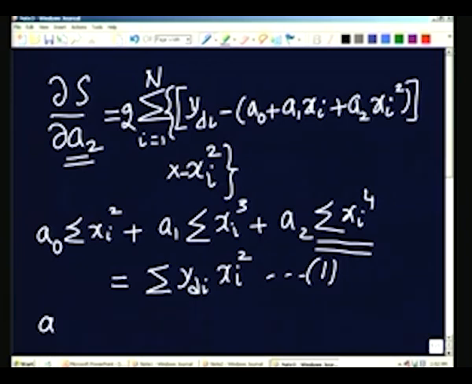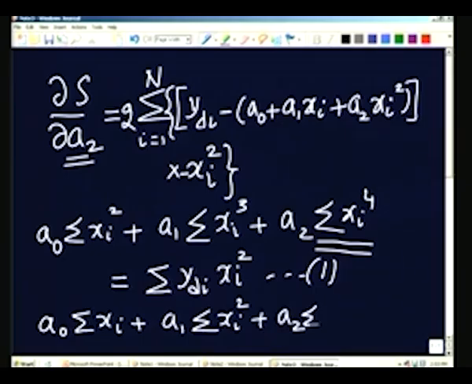So, the next equation will be A naught sigma x i plus A1 sigma x i squared plus A2 sigma x i cube equal to sigma y d i x i.